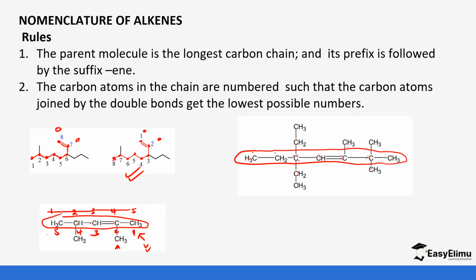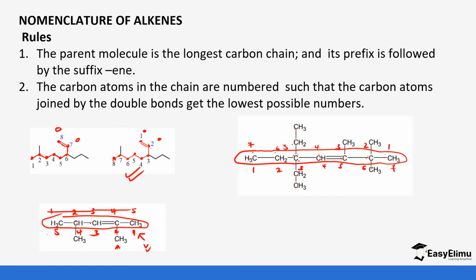So when we start numbering, let's start with this side. It's going to be 1, 2, 3, 4, 5, 6, 7. If we start from the other side, the bottom will be 1, 2, 3, 4, 5, 6, 7.